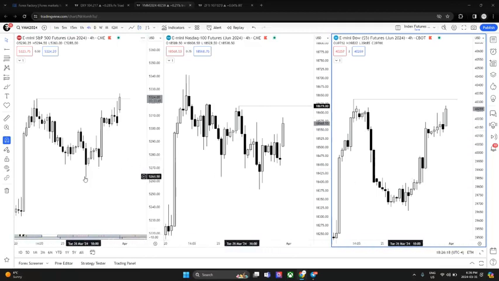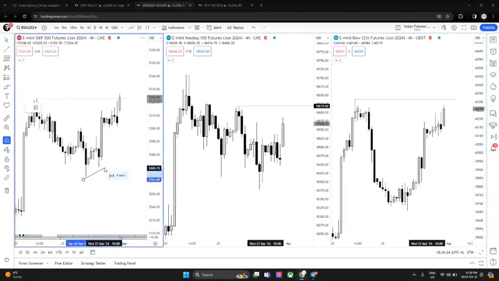Because right here we had sequential SMT, as you guys can see, between Tuesday and Wednesday. So Wednesday reacted to the rejection block. And we had the NASDAQ breaching this low, right?